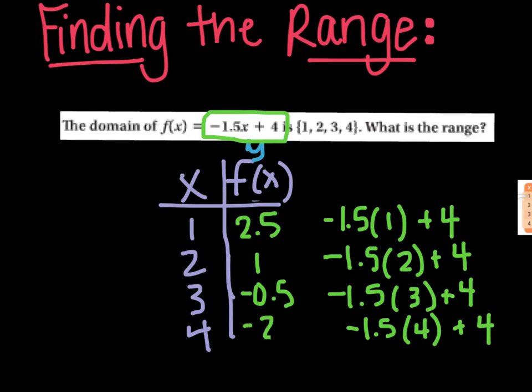And this will give me -2. So now I've figured it out. I have solved the problem because the problem was asking for the range. So here is your range.